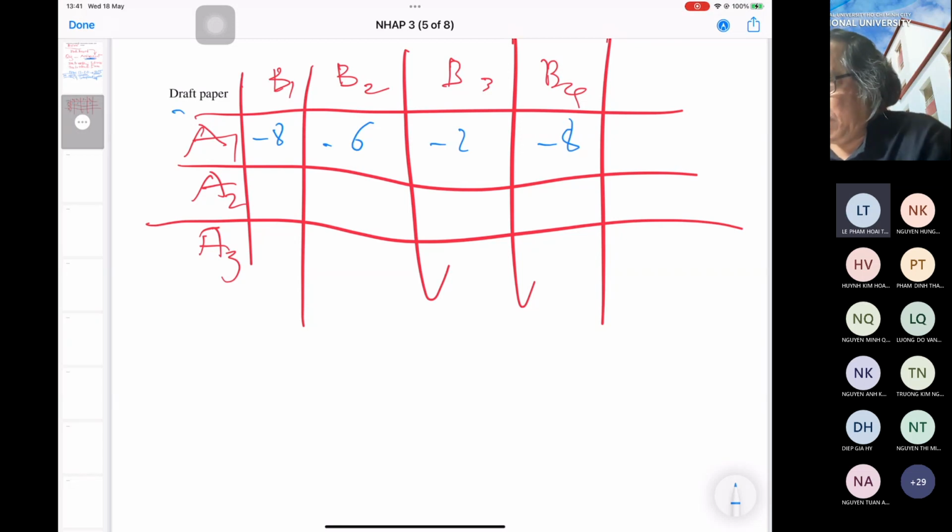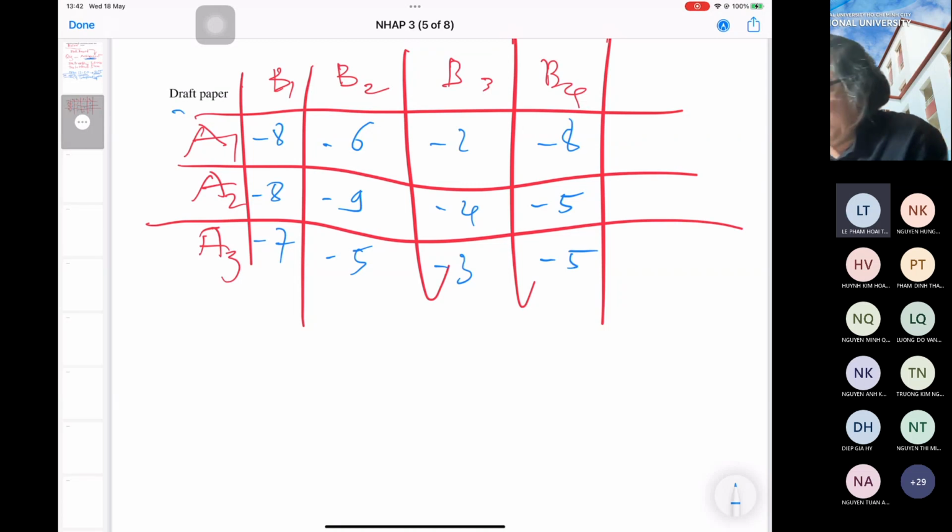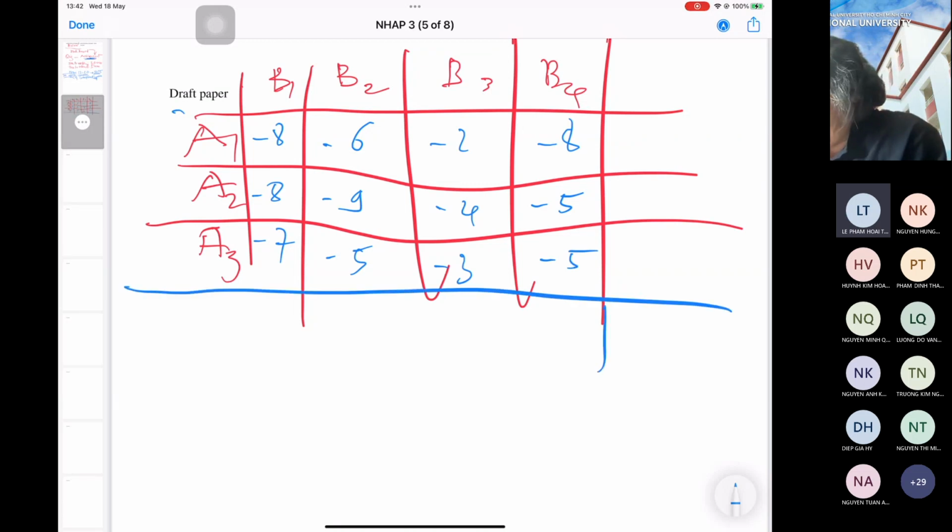The second one: minus 8, minus 9; and minus 4, minus 5. And minus 7, 5; minus 3, 5. The problem is like this.